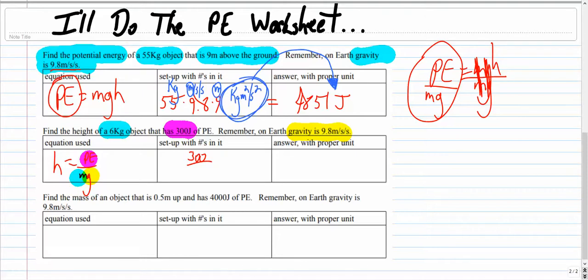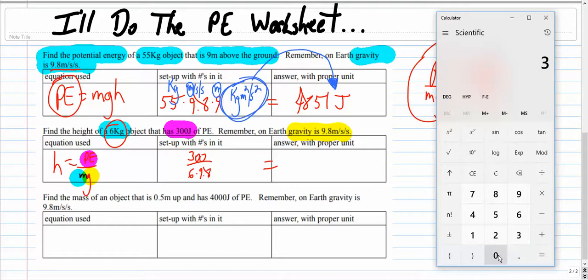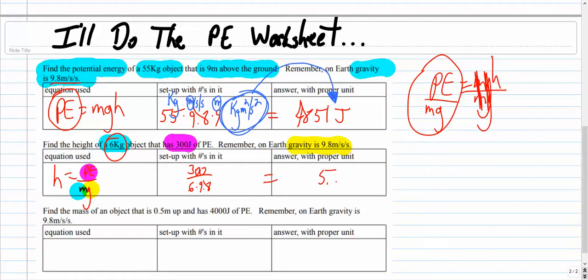So that's going to be 300 divided by 6 times 9.8. On a calculator, all you got to do is go 300 divided by 6 divided by 9.8, and you get 5.102. I'm going to call that 5.1. Remember, if you're taking your quiz in Moodle, you'd go out 2 decimal places, but since it was 102 here, we're just going to call it 5.1.